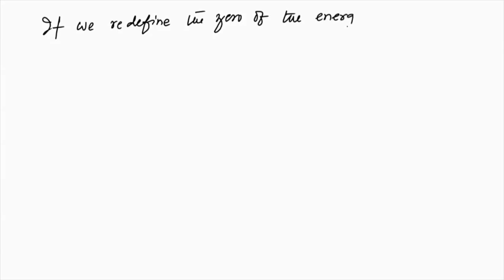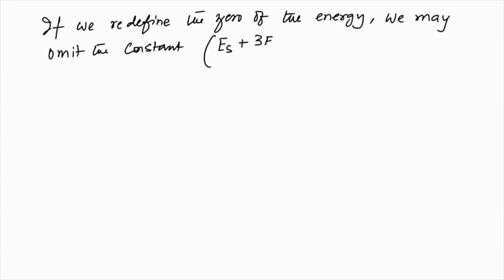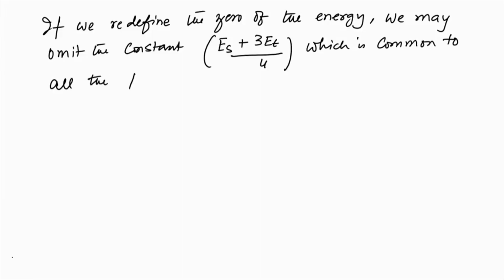Now, you can see that if we redefine the 0 of the energy, we may omit the constant (E_s plus 3 E_t) by 4, which is common to all the states, all the 4 states.